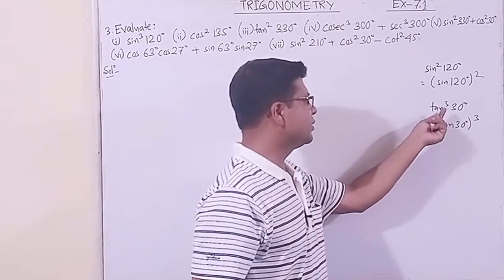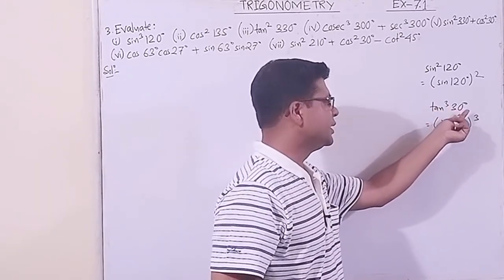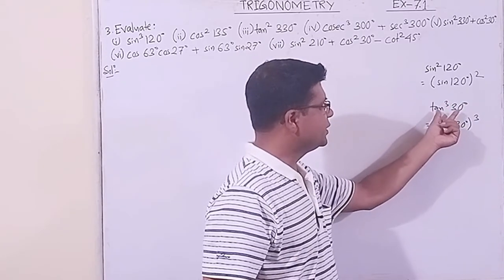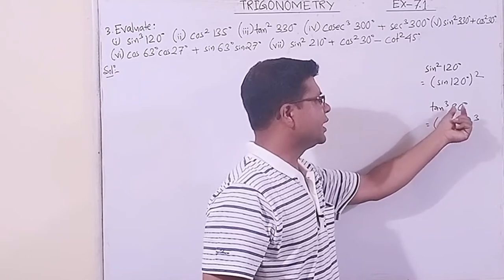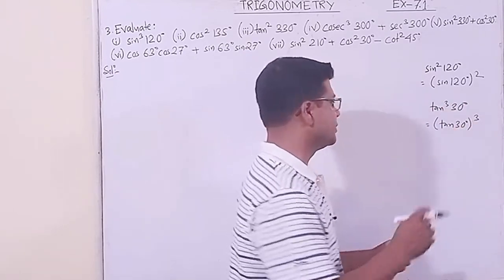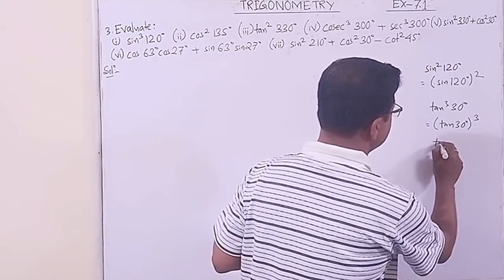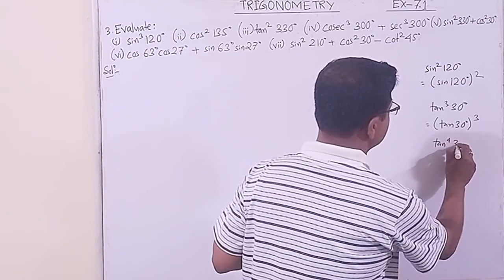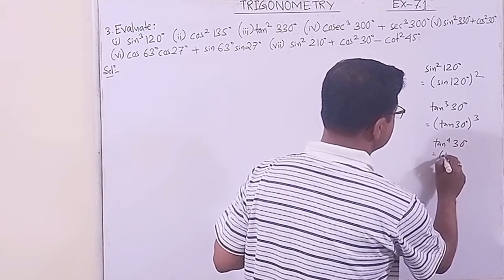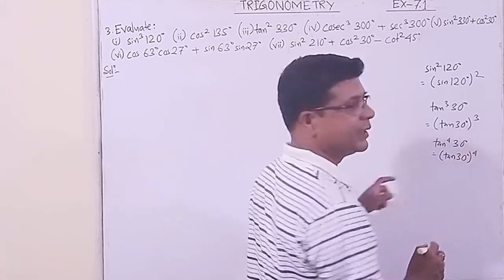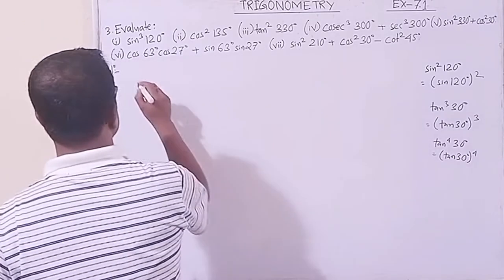So it doesn't mean that only tan is cubed. The angle is also included, because it is the ratio of this trigonometry, that is tan 30 and its cube. Suppose tan to the power 4 of 30 degree, it means tan of 30 degree whole to the power 4. Right? Now we shall start question number 1.